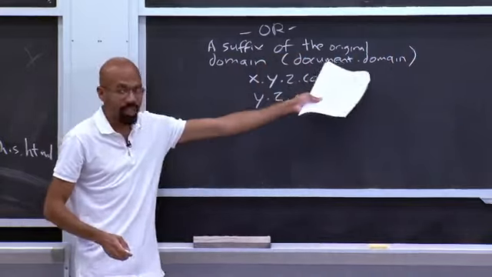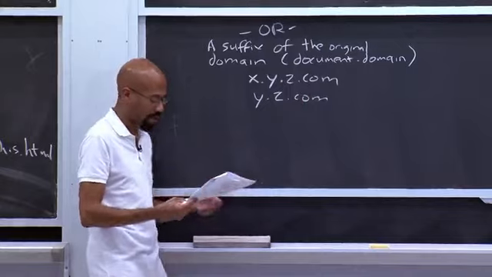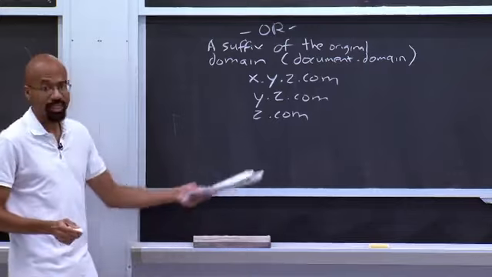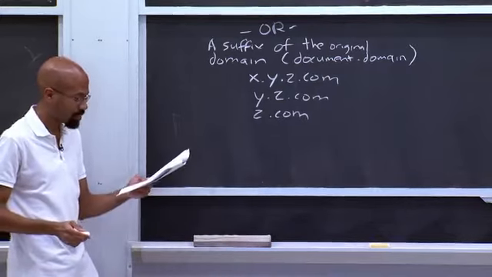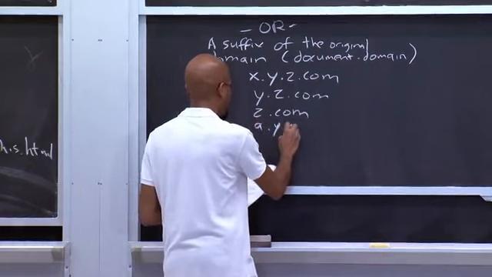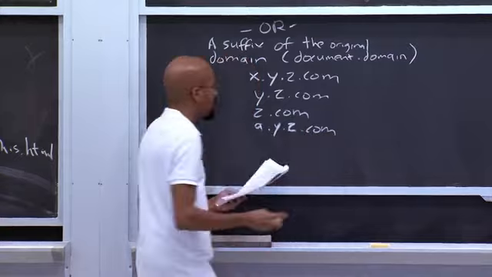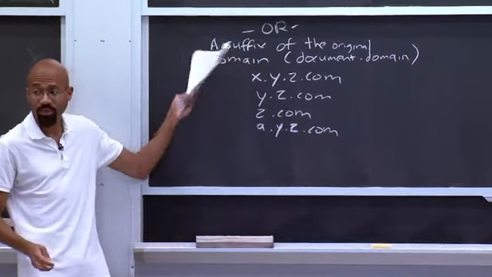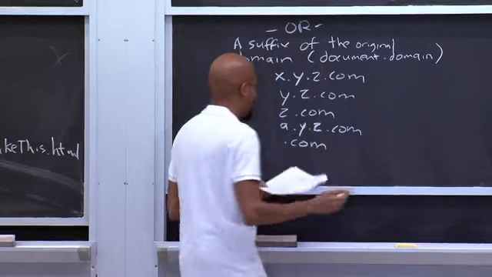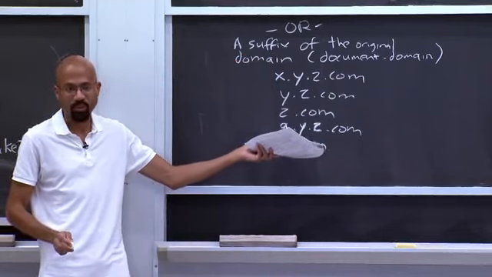So it can set document.domain explicitly to this right here, right? And that's allowable because this is a suffix of that. And then similarly, it could also set document.domain to z.com and effectively reset its origin like that. Now, what it cannot do is set document.domain to a.y.z.com. That's disallowed because this is not a proper suffix of the original origin. And also, it cannot set its suffix to .com. So does anyone have any theories about why this is a bad idea?